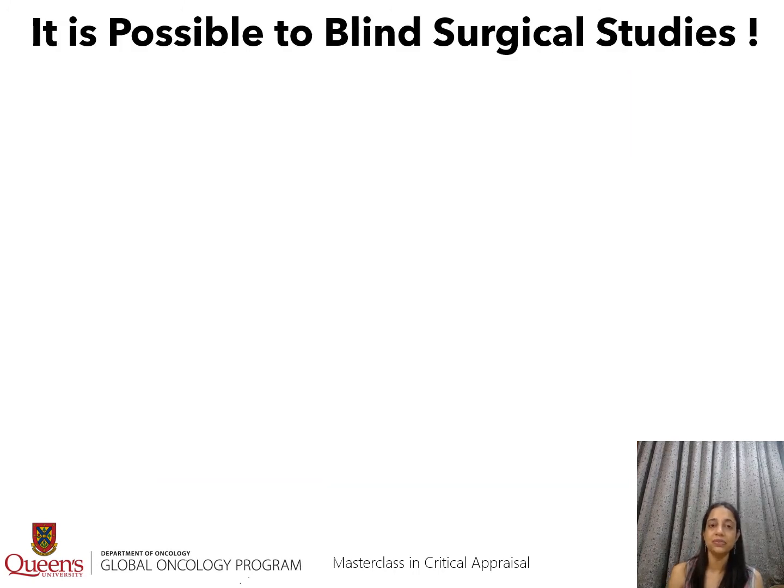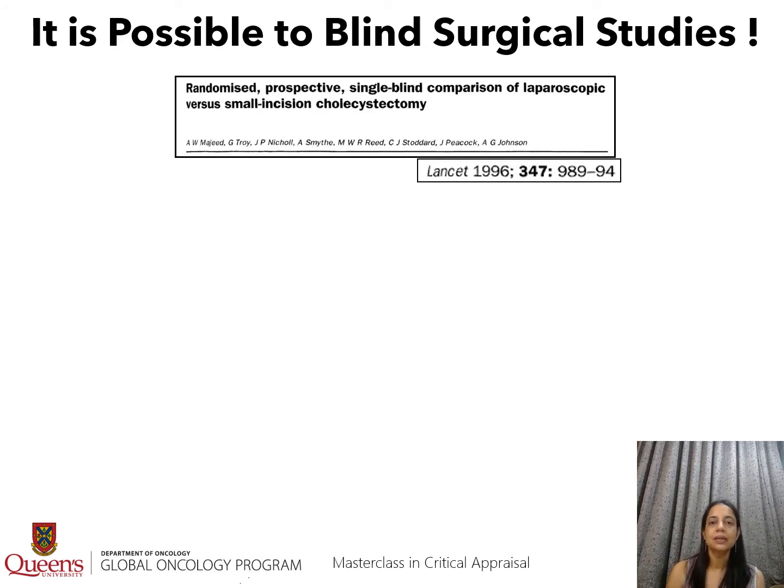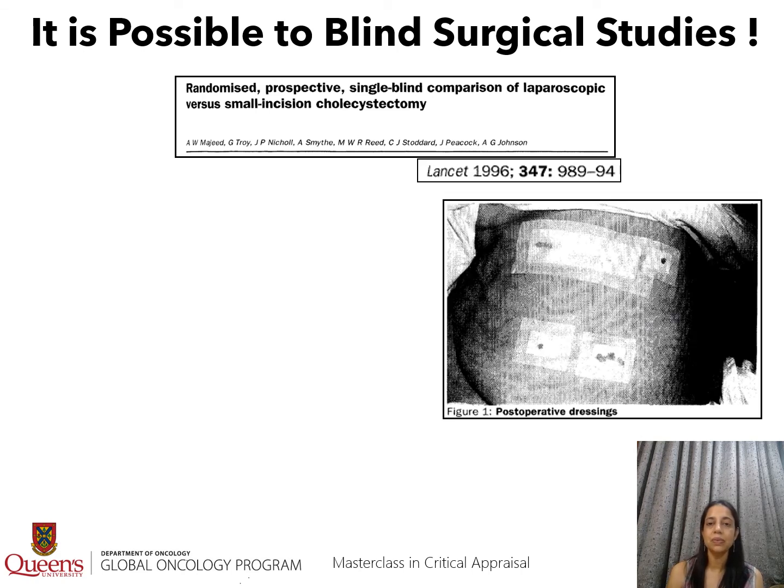Contrary to popular belief, it is possible to blind surgical studies. This study, published in The Lancet, compared laparoscopic with small incision cholecystectomy. Surgeons were blinded to the patient they were operating on. Patients were not informed about what surgery they had undergone.